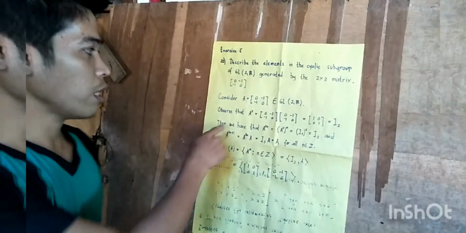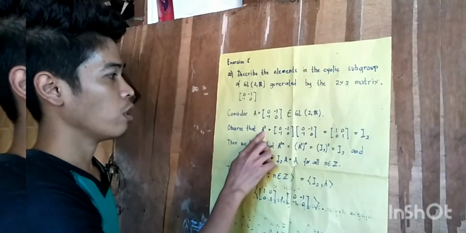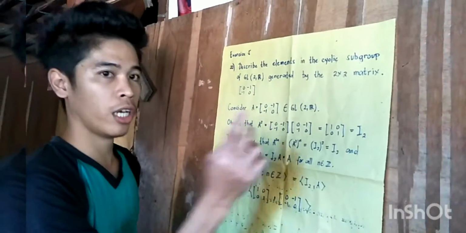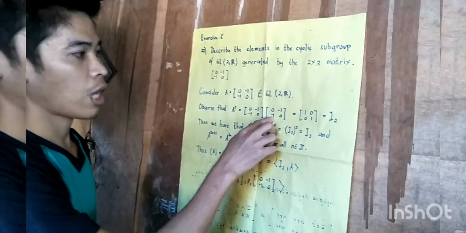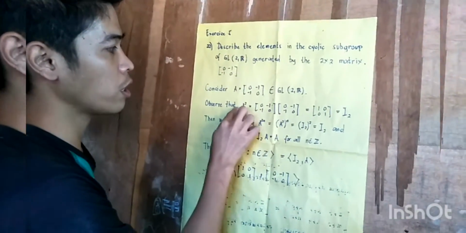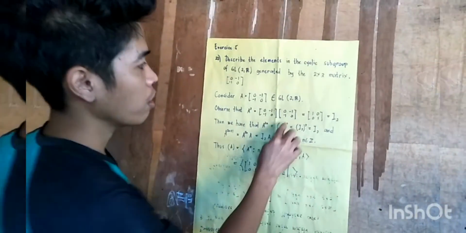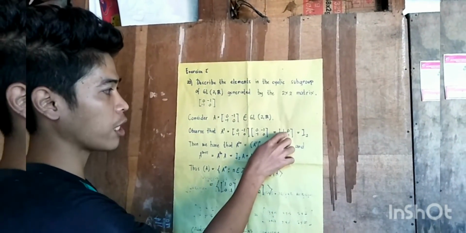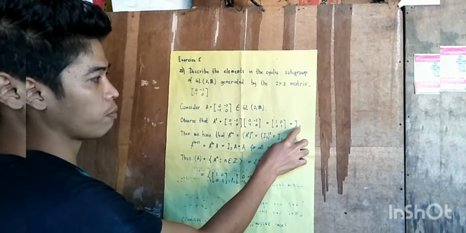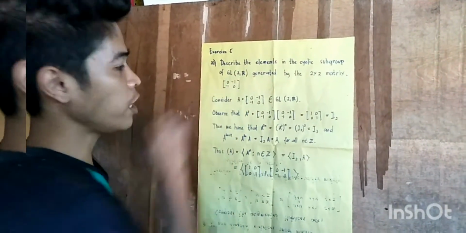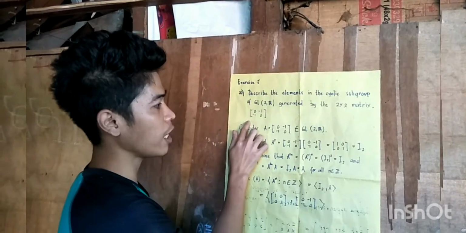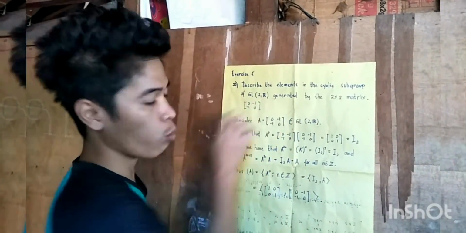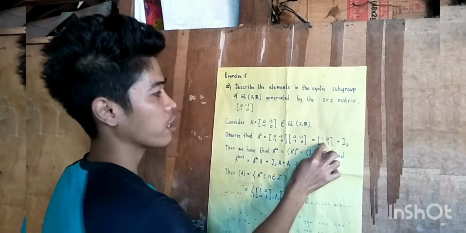Then observe that A raised to 2, A squared, is this matrix squared, and we get the identity matrix I sub 2.